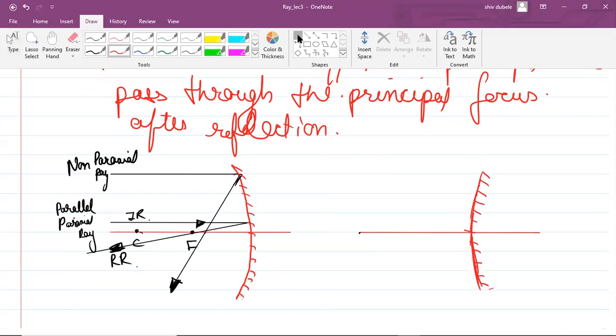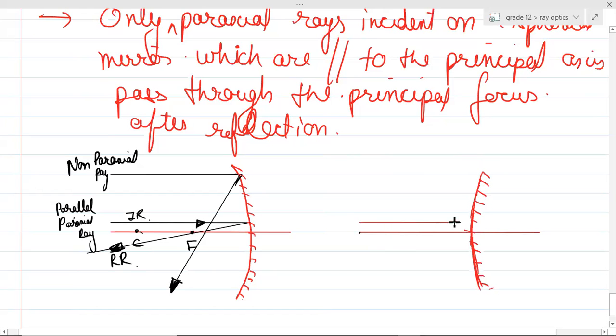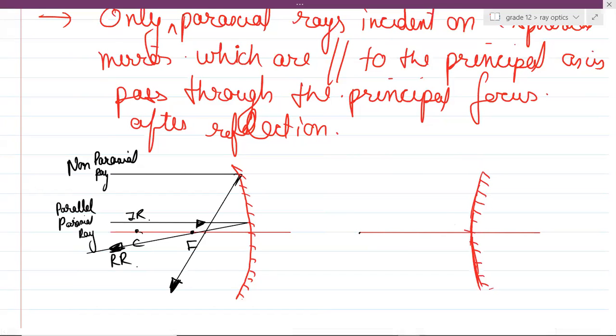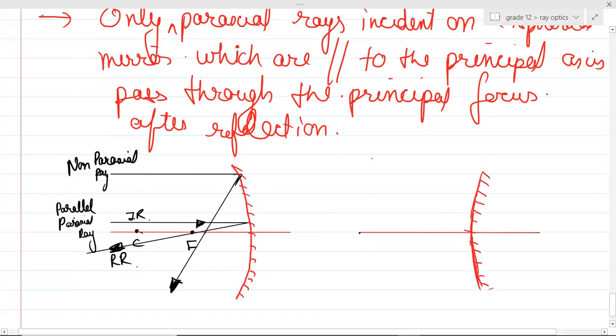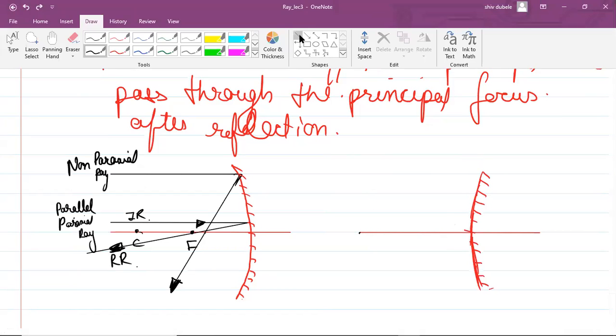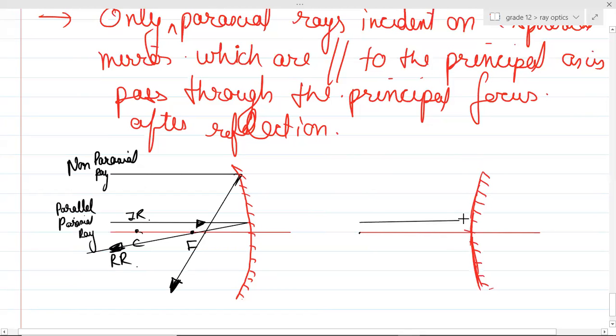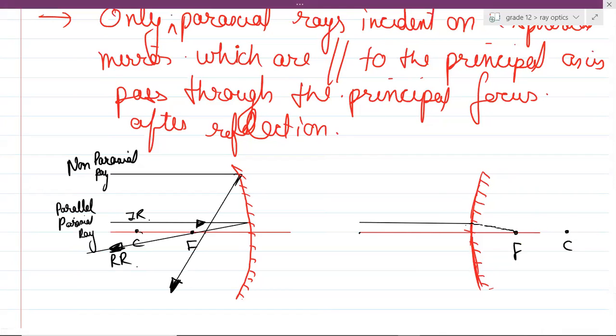In one case, there will be this light ray which will be paraxial. Please draw it very carefully. This light ray will appear to pass through focus, right? It will appear to diverge away from the focus. So it will go something like this.